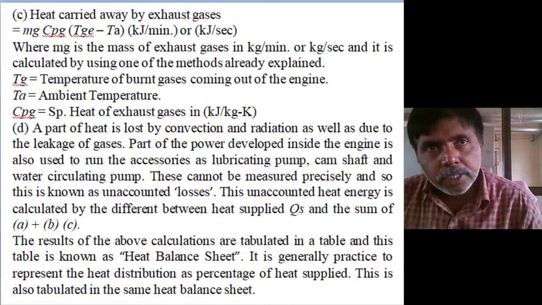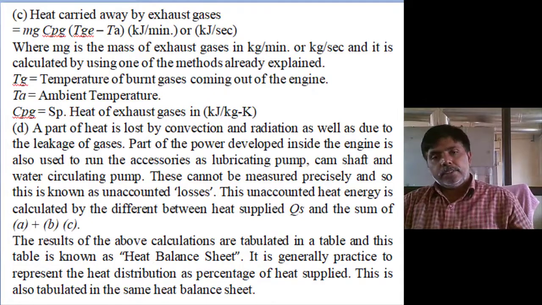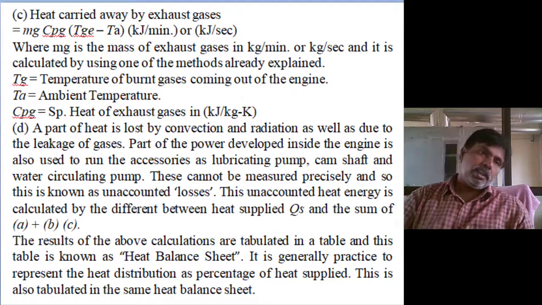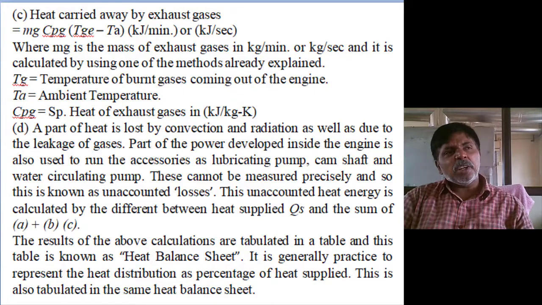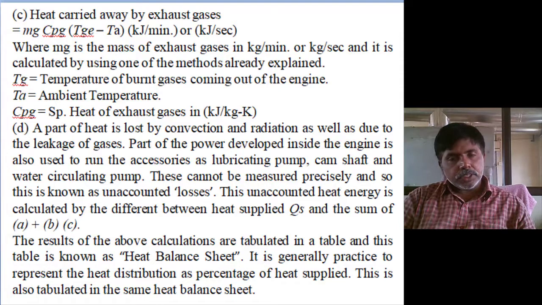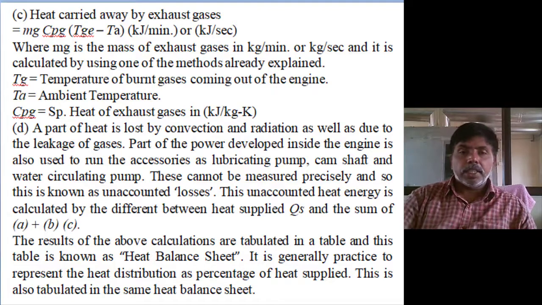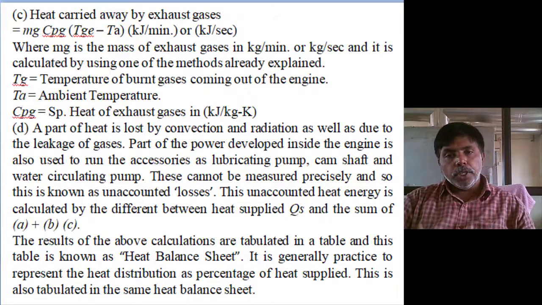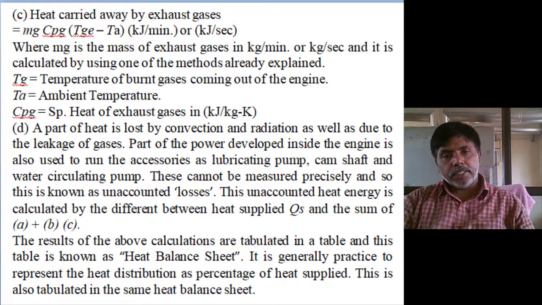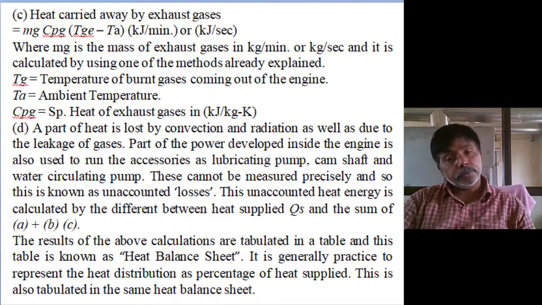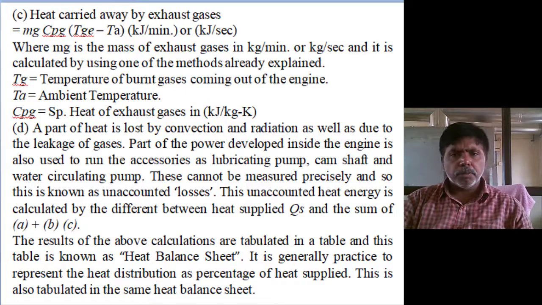Then after that, the remaining are all unknown losses, unaccounted losses. What are unaccounted losses? Indirectly, circulating pumps are there. For circulating water, we are using pumps. Second thing, for lubrication, we are using lubrication pumps also.